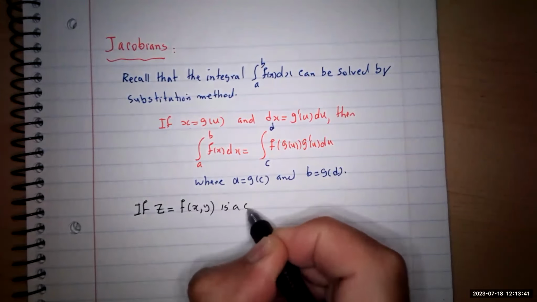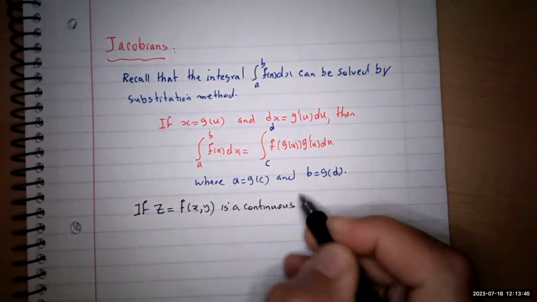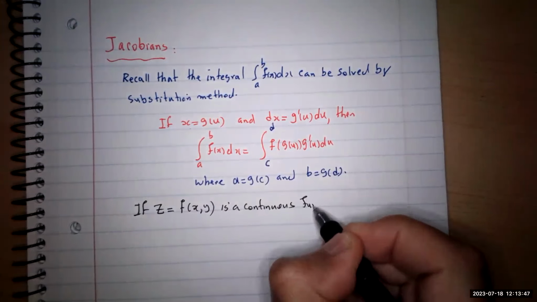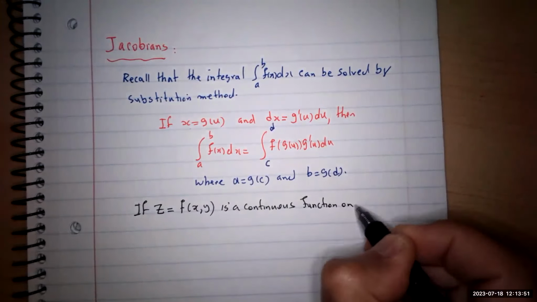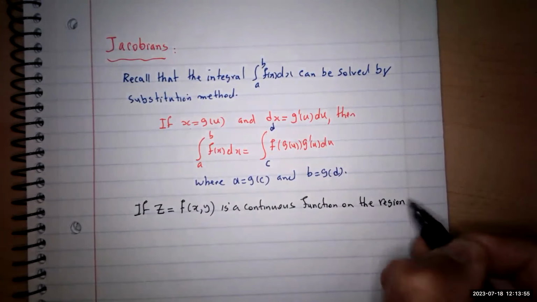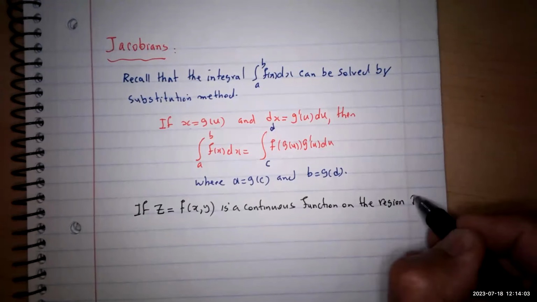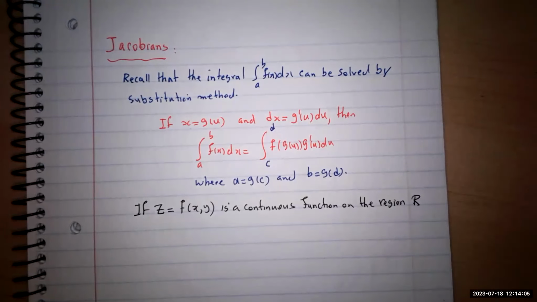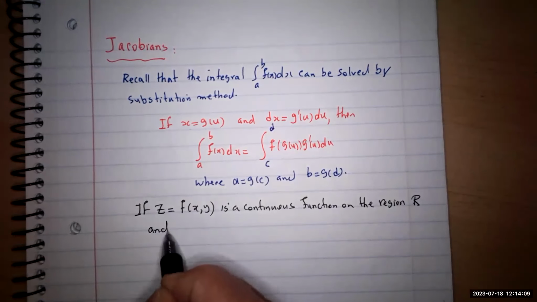It is a continuous function on the region, because the domain is going to be a subset of R squared. Okay, it's going to be a continuous function on the region, let's say R. And now the change of variable.